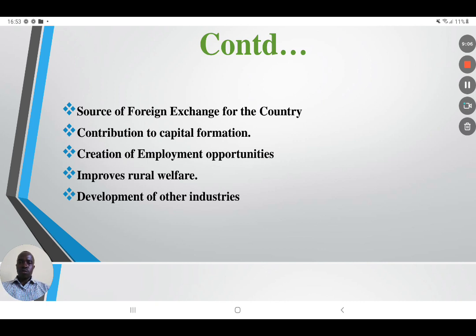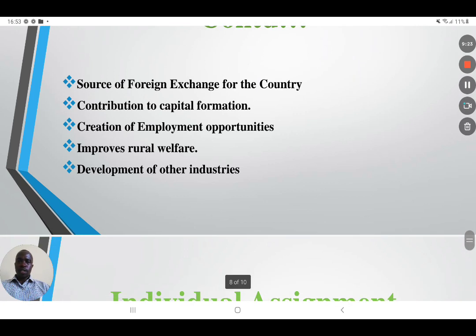It also leads to rural welfare, especially in areas which are well developed in agriculture. They lead to development in terms of the infrastructure, in terms of their livelihood, and also their well-being. Agriculture also leads to development of other industries.